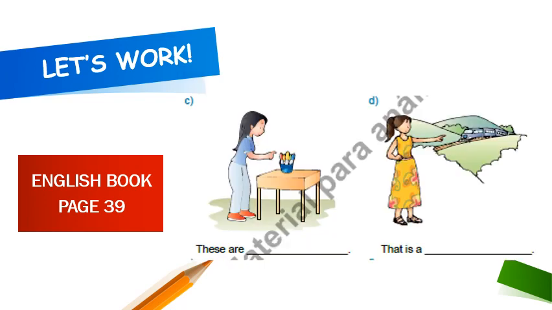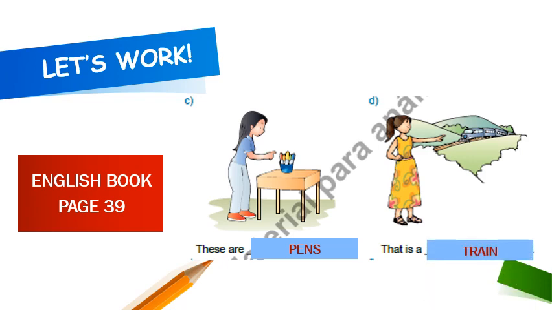C. What are these? These are pens. What is that? That is a train.